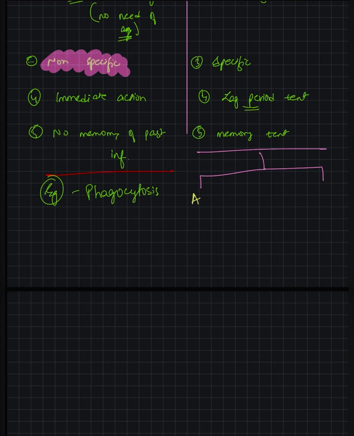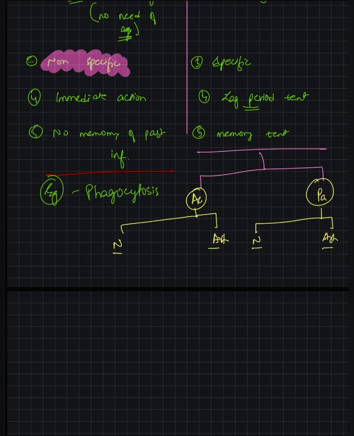Now this is active, this is passive. Write it as active and passive. Now active as natural and artificial, again passive as natural and artificial.